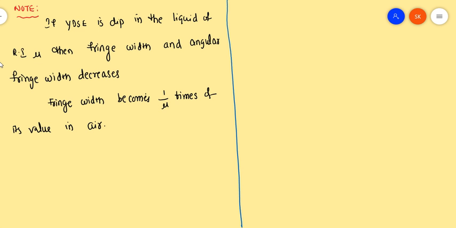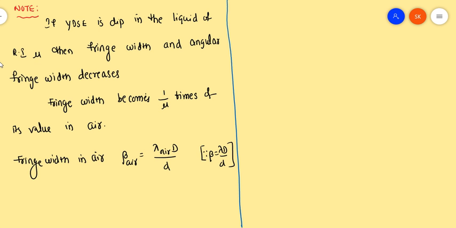what happens to fringe width and what happens to angular fringe width? Fringe width formula in air is lambda in air into capital D by small d. We know the fringe width formula, beta is equal to lambda into capital D by small d. From that, this is the fringe width in air.